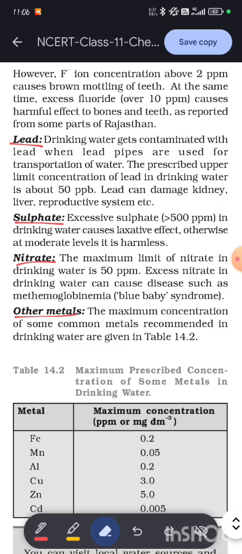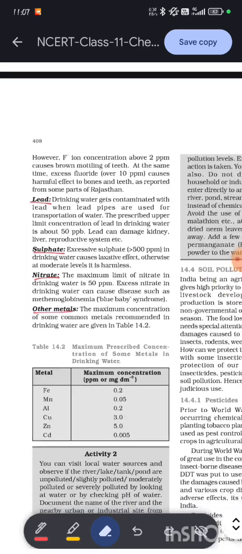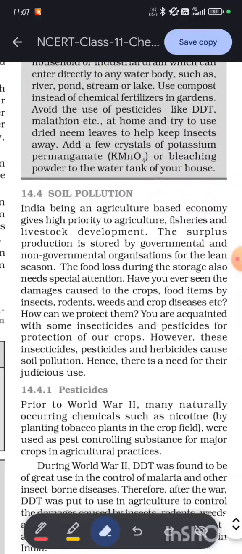The maximum concentrations of some common metals recommended in drinking water are given in the table. The table is: Fe 0.2, Mn 0.05, Al 0.2, Cu 3, Zn 5, Cd 0.005. And the next topic is soil pollution.